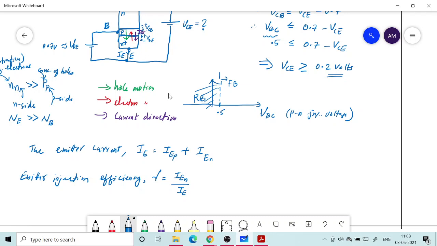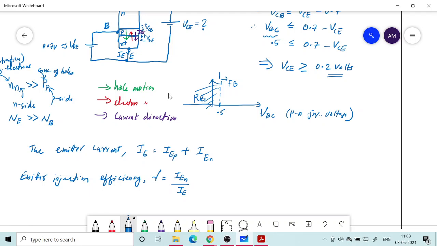You see that a lot of electrons are reaching the base compared to the number of holes coming from base to the emitter. So we can almost neglect the hole motion and make very little error, because the majority of the emitter current is going to be due to the diffusion of electrons from emitter to base.